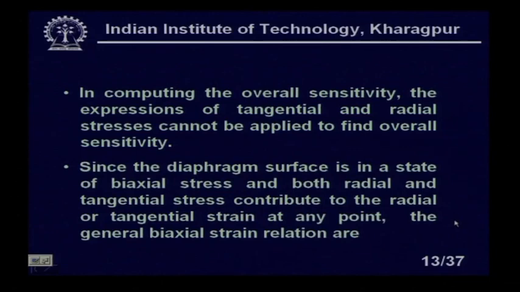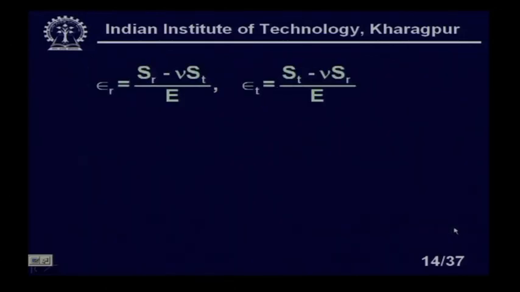Since the diaphragm surface is in the state of biaxial stress and both the radial and tangential stress contribute to the radial or tangential strain at any point, the general biaxial strain relations are epsilon r, which is radial strain, equal to S r, which is radial stress, minus nu S t upon E. Similarly, epsilon t, which is the tangential strain, equal to S t minus nu S r upon E, where S t is the tangential stress, S r is the radial stress, nu is the Poisson's ratio and E is the Young's modulus of elasticity.